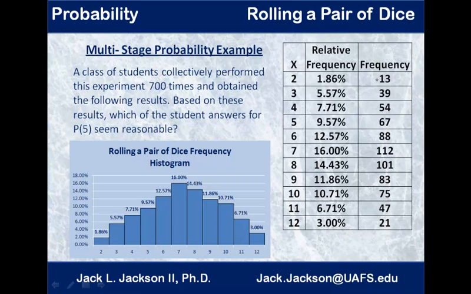And then the relative frequencies, 13 over 700, approximately 1.86%, and so forth. All of these are just these numbers over here, the frequencies divided by 700. So the relative frequencies, of course, should add up to 1. And then here's a graph of that right here. It's a frequency histogram. Actually, it's a relative frequency histogram.